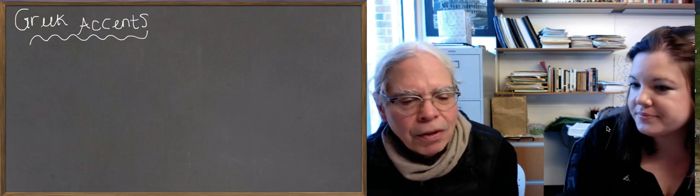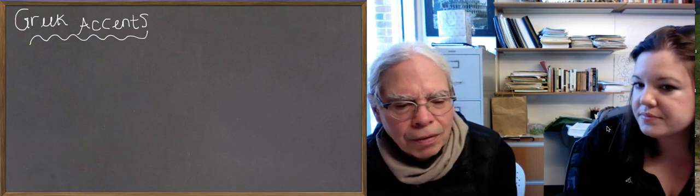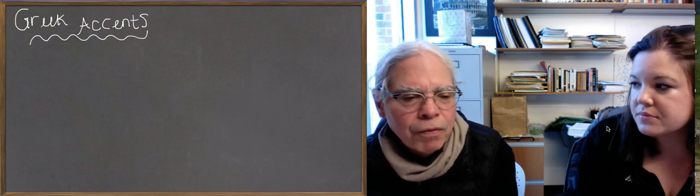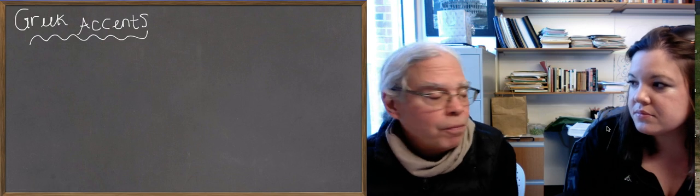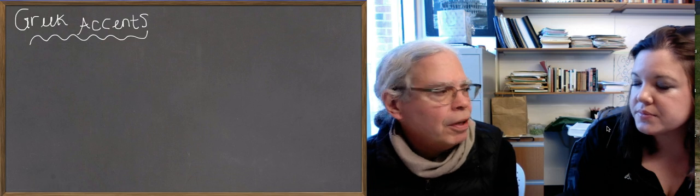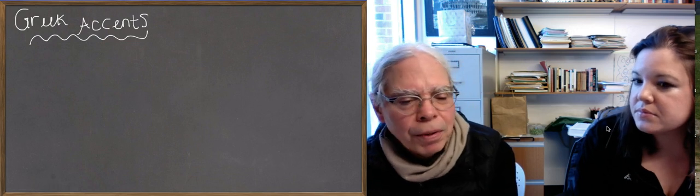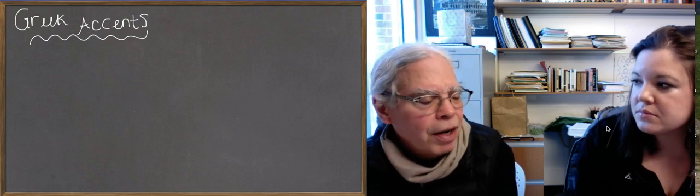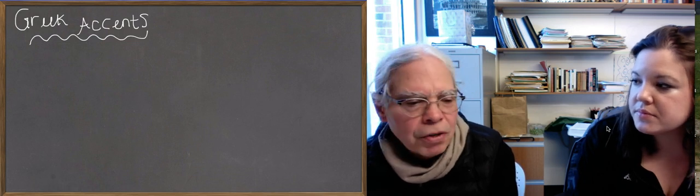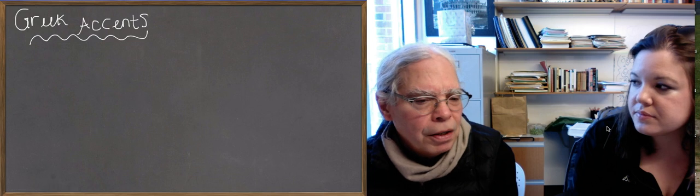We don't have any really reliable way of knowing, except on a comparative basis, what works in other languages, what the interval of pitch is. But we can guess roughly how that works. This is a game changer in the way accents work.